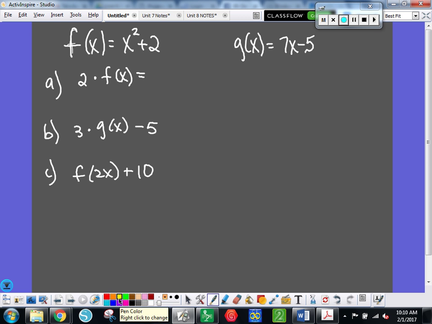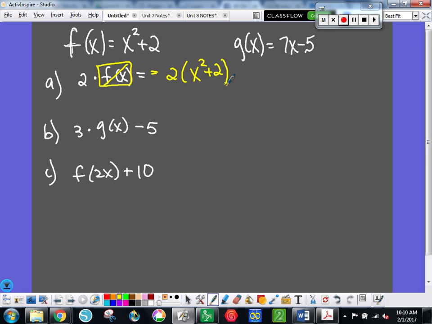Okay, so let's look at these problems. How is this different than the ones we've seen so far? That 2 is on the front, right? So this time we are going to substitute our f of x out. What is f of x? X squared plus 2.